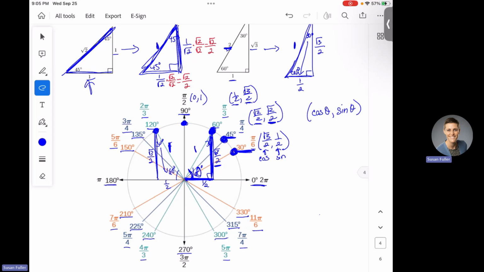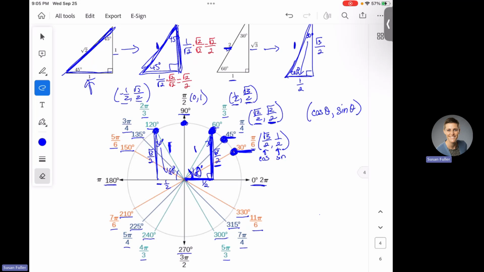And since I'm in quadrant 2, my x value is negative. My y value is positive. My ordered pair here is negative 1/2, root 3 over 2. And so that means that the cosine of 120 degrees is going to be negative 1/2, and the sine of 120 degrees is going to be root 3 over 2.